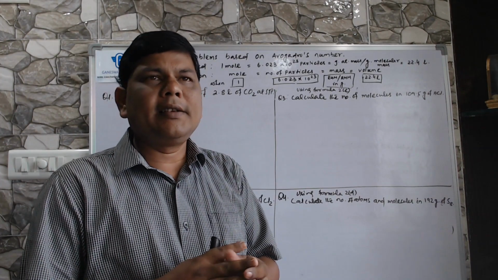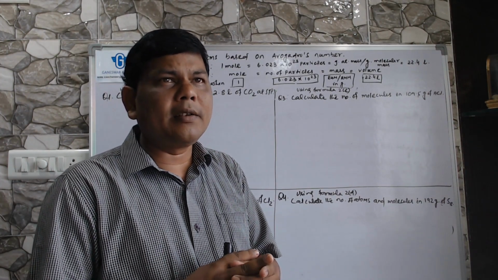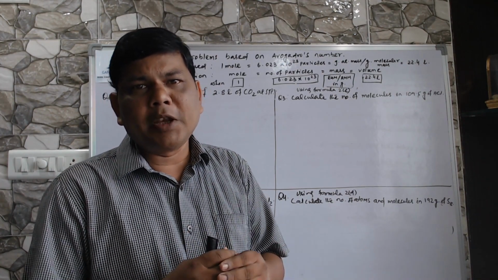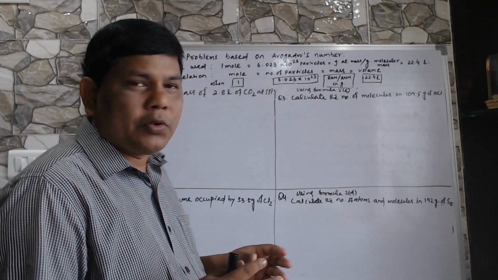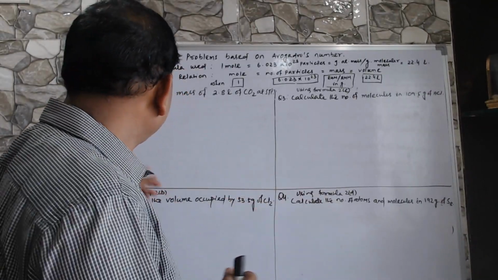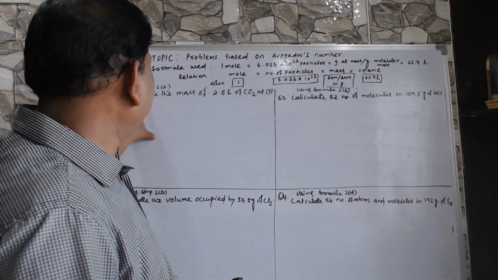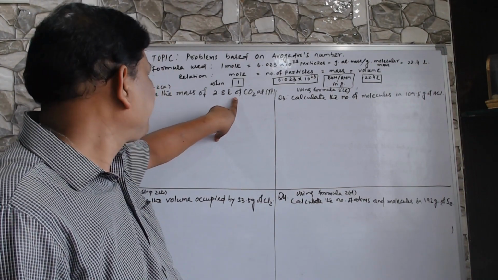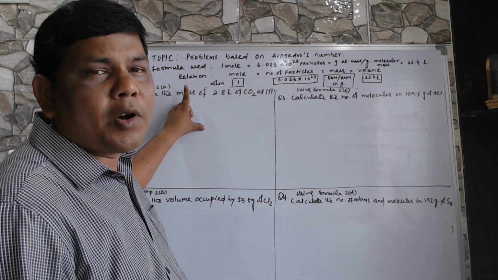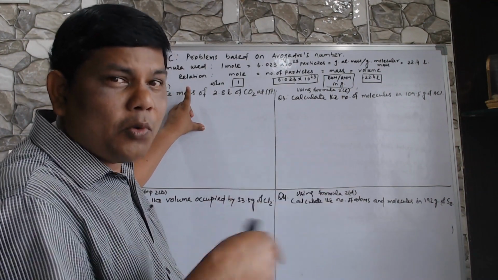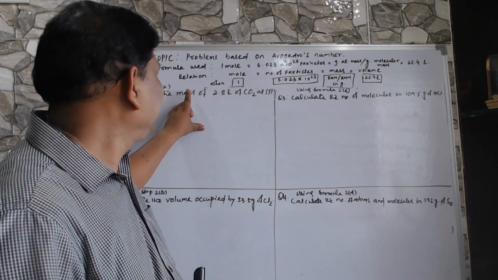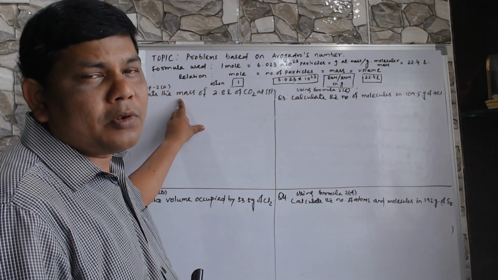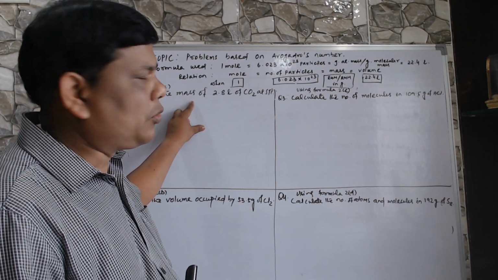So let us start part 2 of this Avogadro's number. Here we will solve some numericals. I have already written them so as not to waste time. Question number 1: calculate the mass of 2.8 liters of carbon dioxide at STP. Here we are using step 2A, calculation of mass: number of moles into mass of CO2.